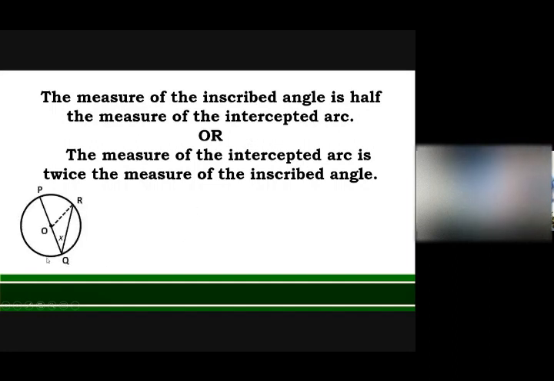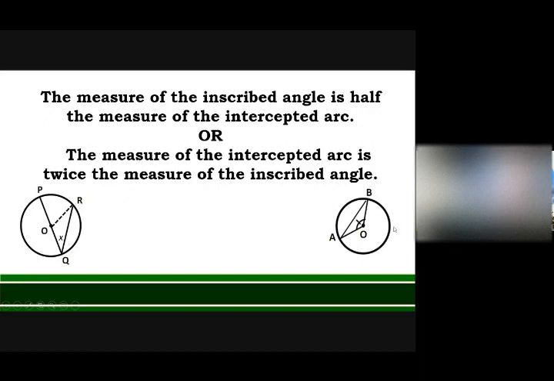No? For example, dito sa circle na to. Okay? The inscribed angle PQR. Kapag kukunin natin yung value ng arc PR, we will just simply multiply by 2 yung ating angle PQR. Okay? Or kung kukunin naman natin yung angle PQR at given yung arc PR, pag given si arc PR, divide lang natin by 2 para makuha natin si angle PQR.